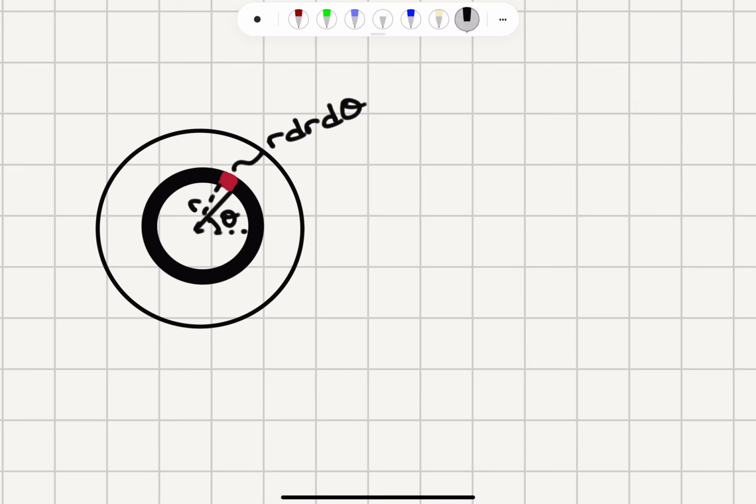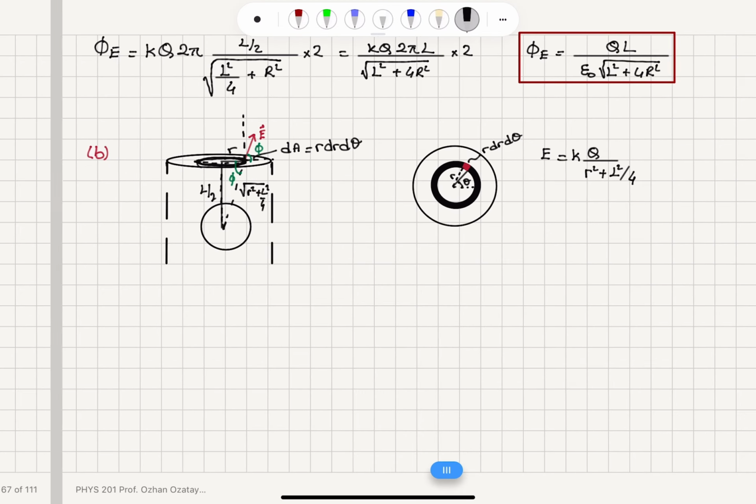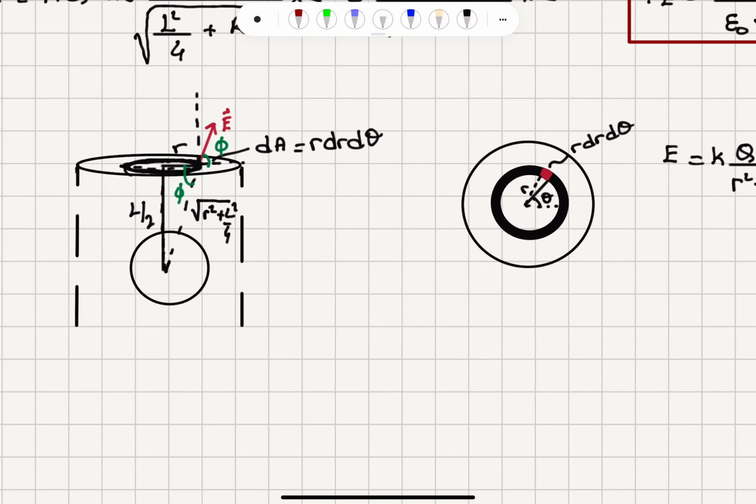So we find that the magnitude of the electric field must be equal to Coulomb's constant k, q, the total charge, divided by r prime square, which is r square plus L square over 4. This is because L over 2 is half of the length of the cylinder. Here we have a right triangle, and our radial distance to this ring is square root of r square plus L square over 4.